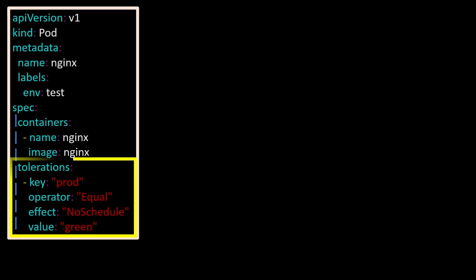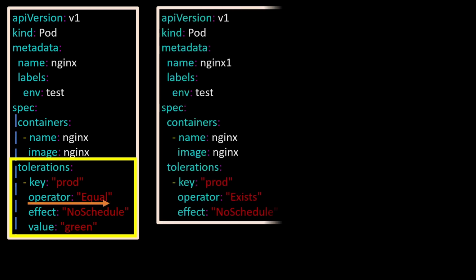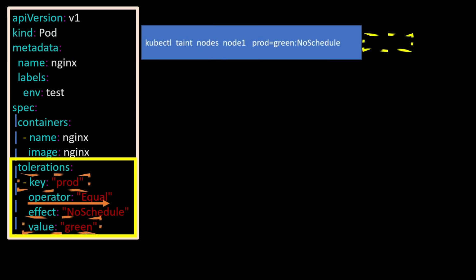Let's explore the toleration section. One can notice a parameter called operator, and the value of this parameter is Equal, or it can be Exists. It can be only two values, either Equal or Exists. Let's try to understand the operator value. First is Equal.